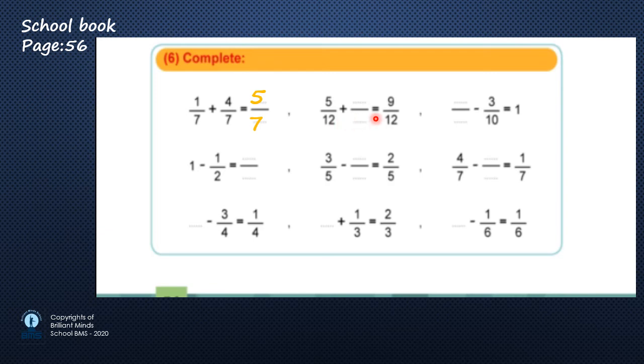5 over 12 plus a space equals 9 over 12. We said to add or subtract fractions, we must have the same D, so we must put 12 in the denominator. Do you remember from the first term when we studied the missing number in addition or subtraction? We said circle the sign and draw the curve between the two numbers you have in the question.